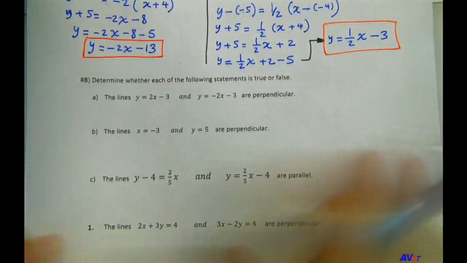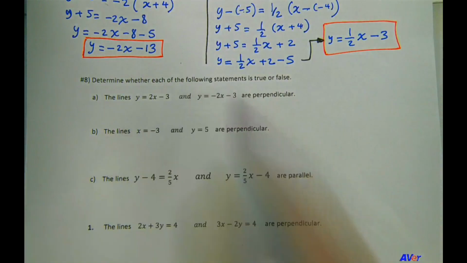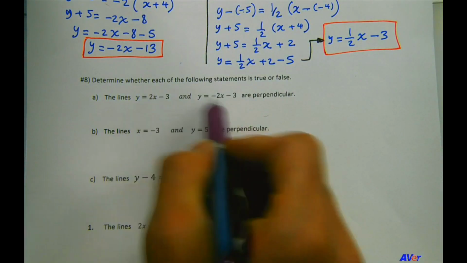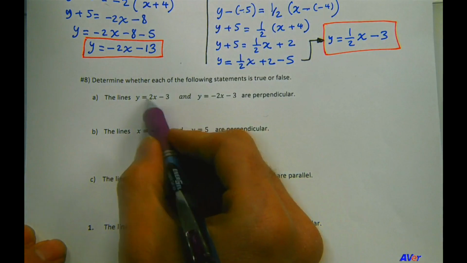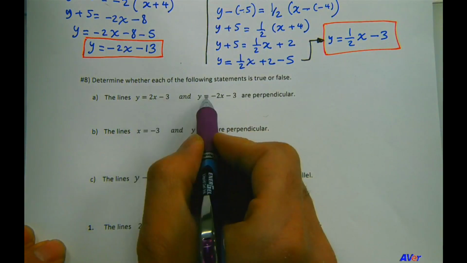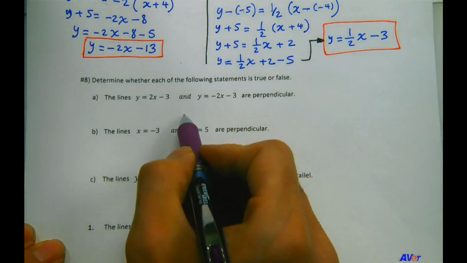So the next question, it says, determine whether each of the following statements is true or false. It says, these two lines are perpendicular to each other. Is that true? Well, the slope of this line, and note that both of them are in y equals mx plus b form, right?